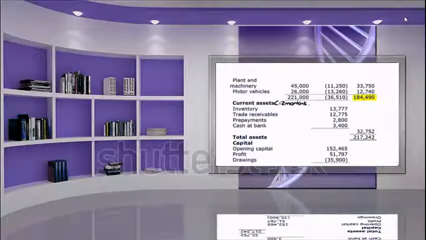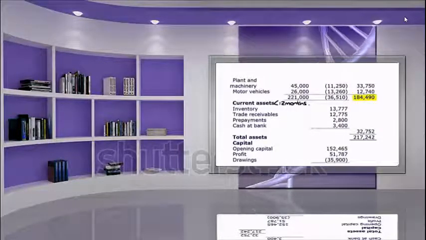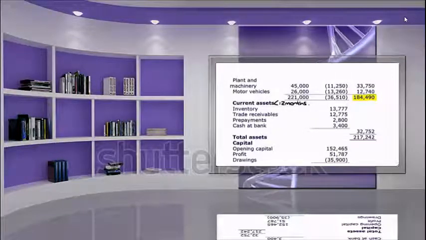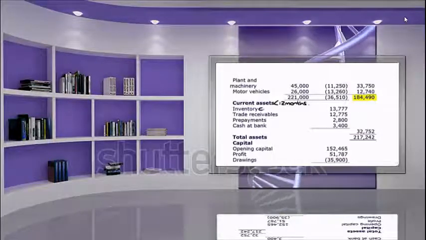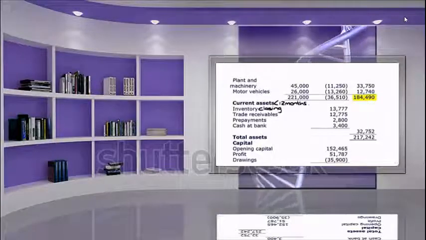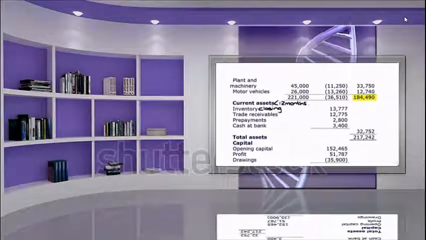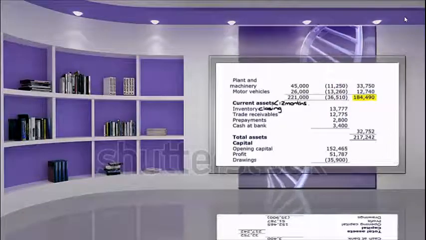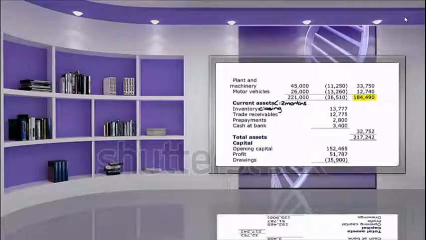So closing inventory, that's what we're going to record and put in the value of in our statement of financial position as a current asset. We assume we're going to sell it in the next 12 months, so we're not going to keep it for very long.